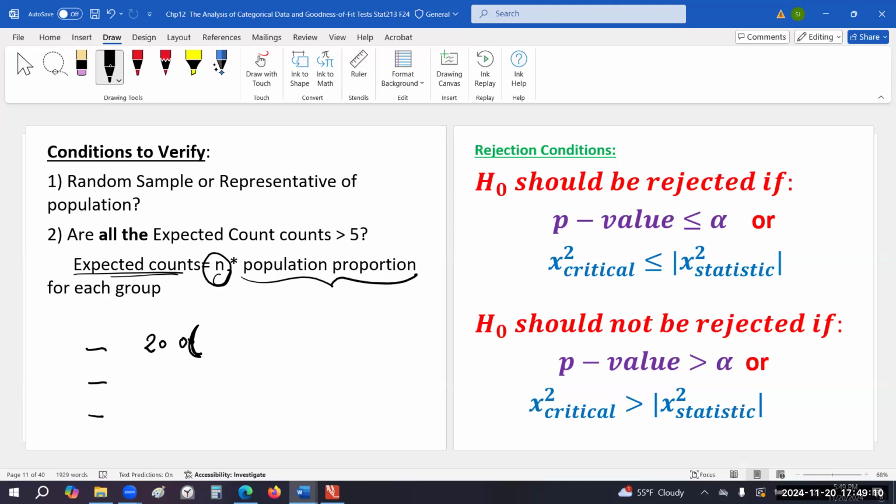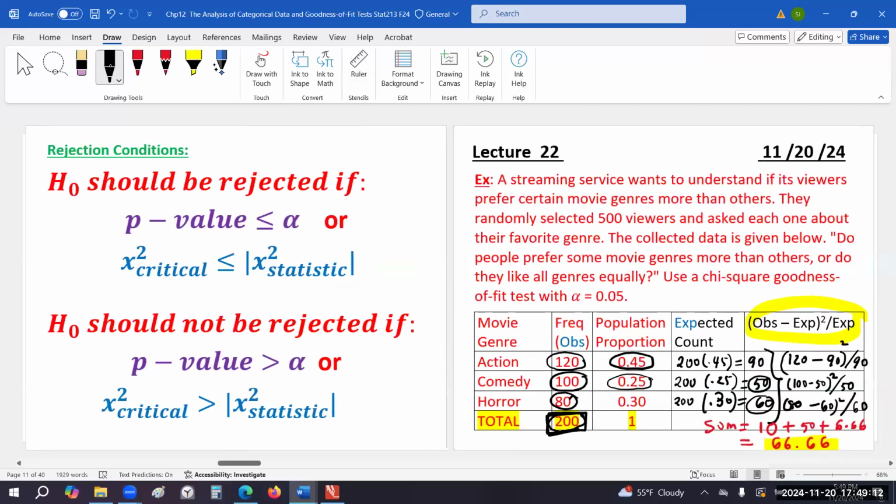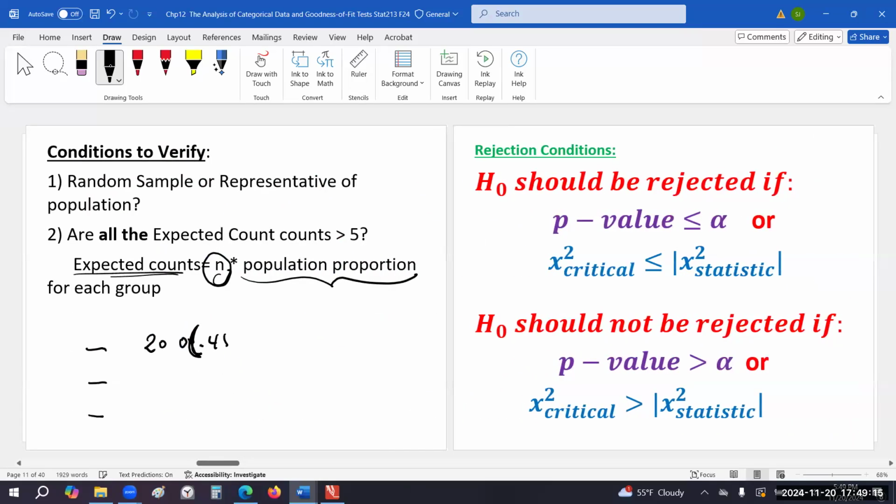The first one was, I forgot, 45. So multiply by 0.45. Second one, we have 25. So multiply by 0.25. The last one was 30. So multiply by 0.30. That's the expected count. Expected means how many you expect to have based on the population proportion.